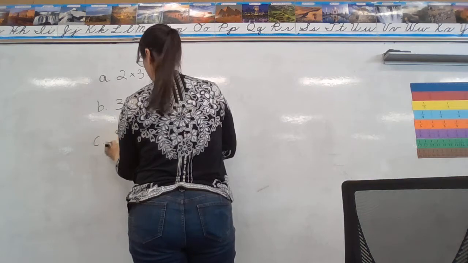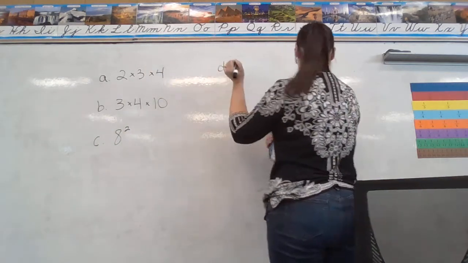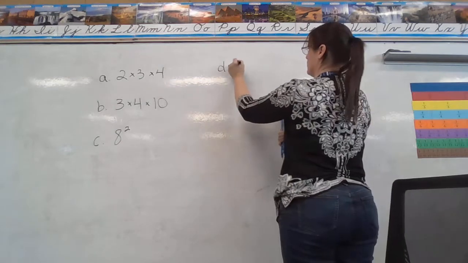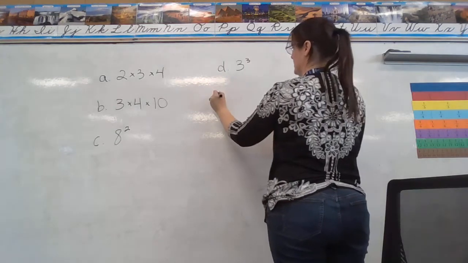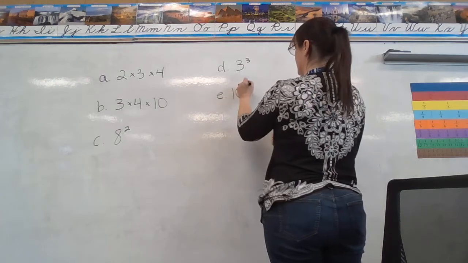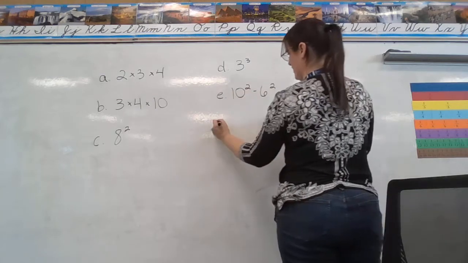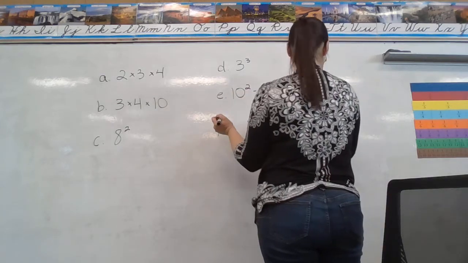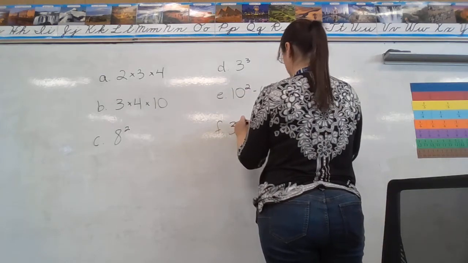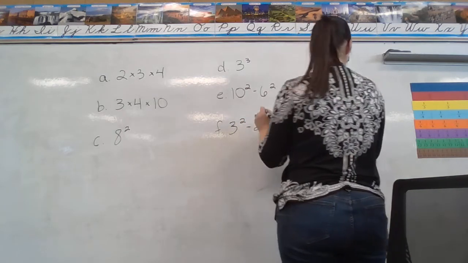C, 8 squared. D, 3 cubed. E, 10 squared minus 6 squared. F, 3 squared minus 2 cubed.